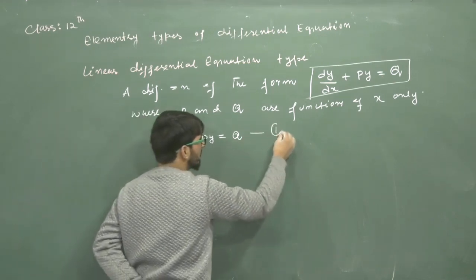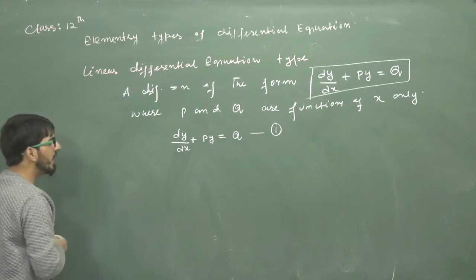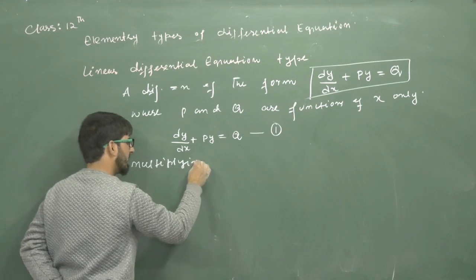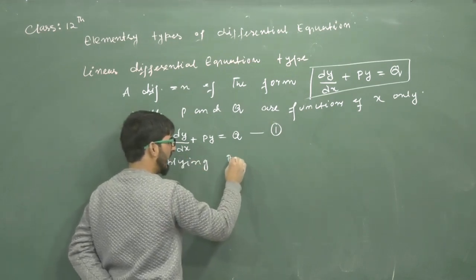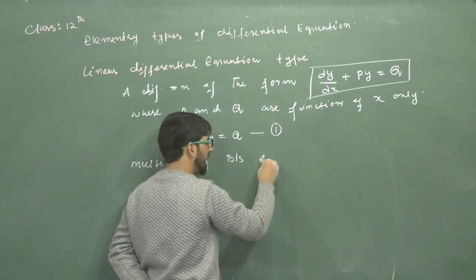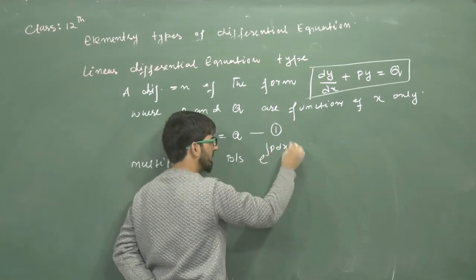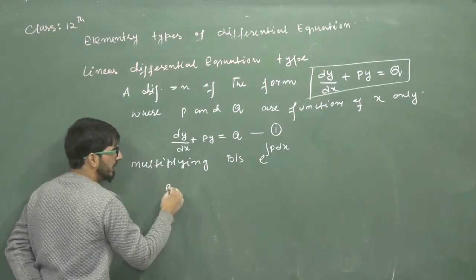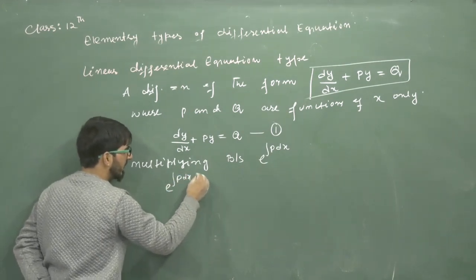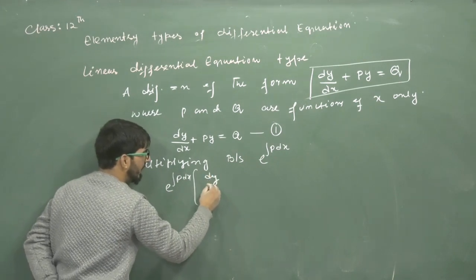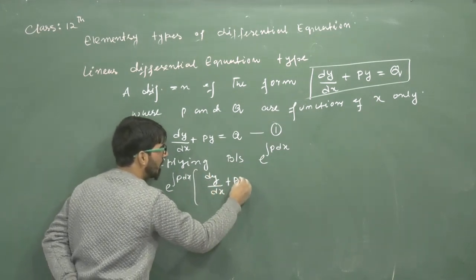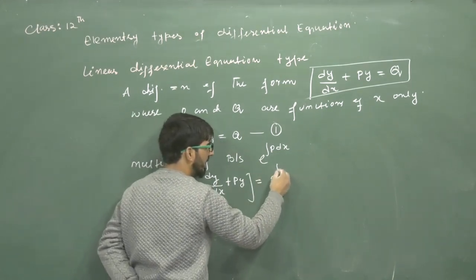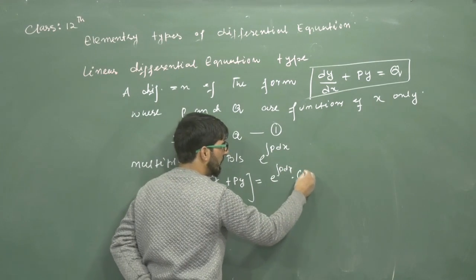Multiplying both sides by e raised to power integral of p dx, we get e raised to power integral of p dx into dy by dx plus py is equal to e raised to power integral of p dx into q.